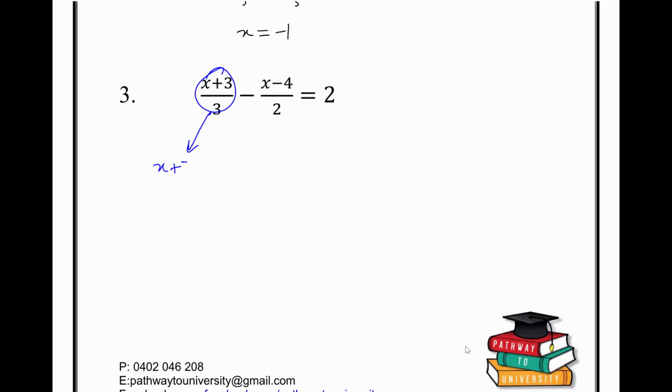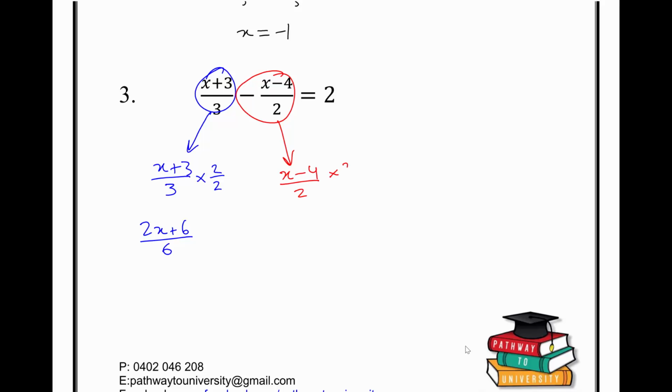This will give us a base of 6, and hence 2x plus 6 over 6. For the second half, we have x minus 4 divided by 2. We can change 2 to a 6 by multiplying it by 3, and as such we'll multiply this part by 3 divided by 3.